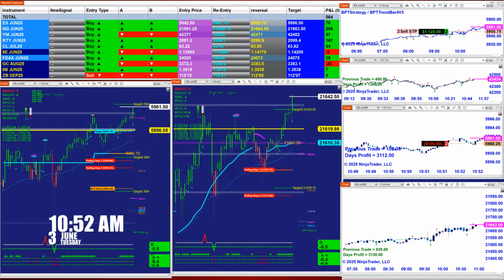Profit taken on target 3. It hit at 10:52. Normally they hit around 11 o'clock. Profit taken on target 3.